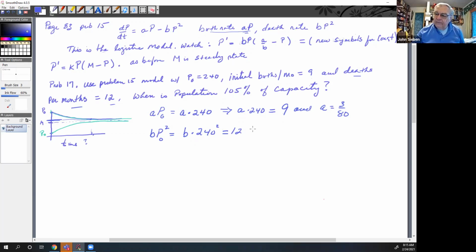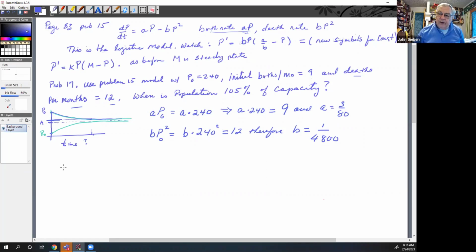And from that, we can see that B is equal to, well, it will turn out to be 1 over 4,800. Of course, it'd be 12 over 240 squared, which reduces to 1 over 4,800.